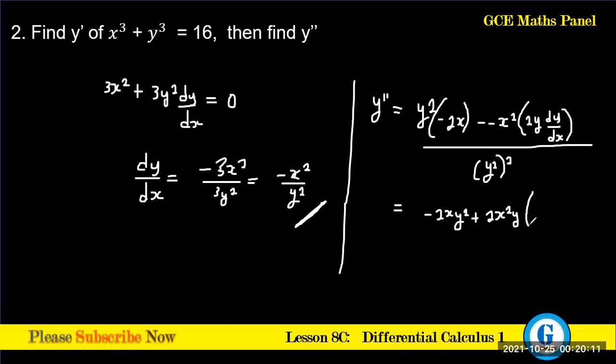but we know the value of dy dx, right? From this first part of the function, dy dx is negative x squared on y squared. So all this on y to the power 4.